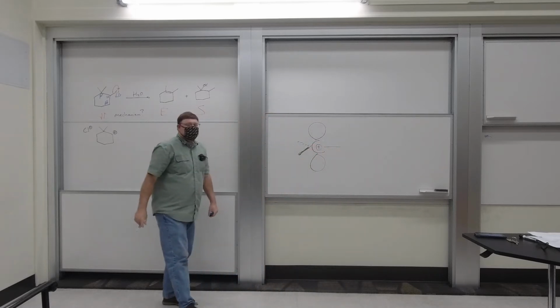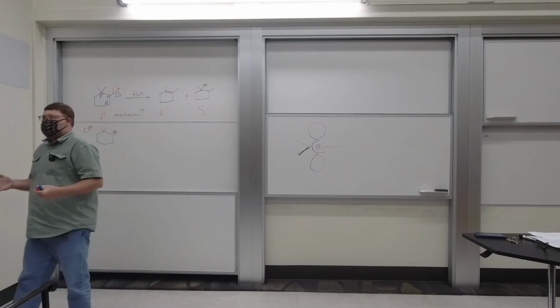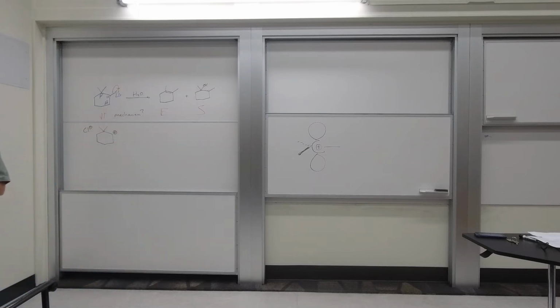So that positively charged carbon is trigonal planar. It's sp2 hybridized. It's bonded to 3 things. If it's sp2, it's got a vacant p orbital. So it's got a vacant lobe above, a vacant lobe below. It's flat.